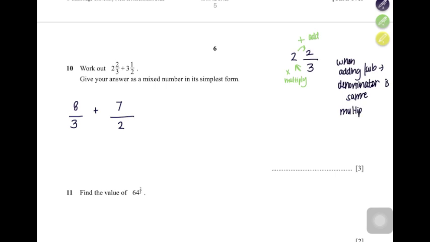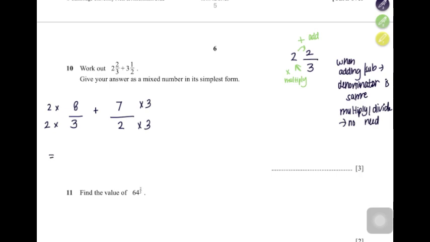Multiply or divide, no need to keep it the same. So to do that, we can multiply this with 3 and 3, we will get 6, and we can multiply 3 into 2, we'll get 6 again.